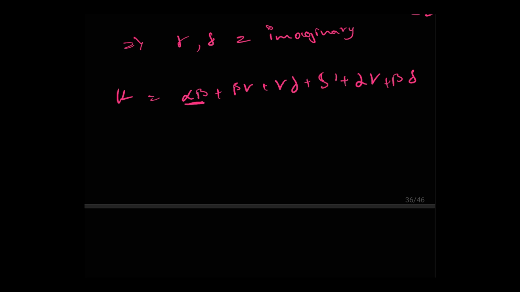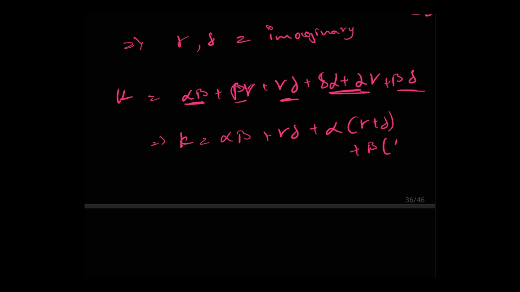That implies k, take alpha common from these two and beta common from these two. We get alpha beta plus gamma delta plus alpha times gamma plus delta plus beta times gamma plus delta.